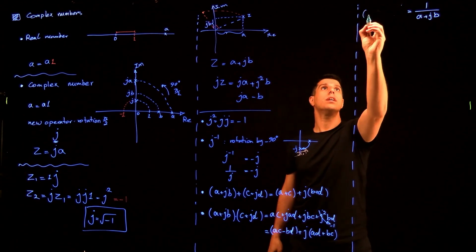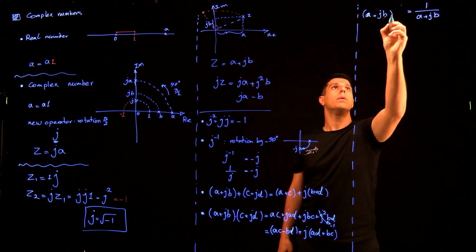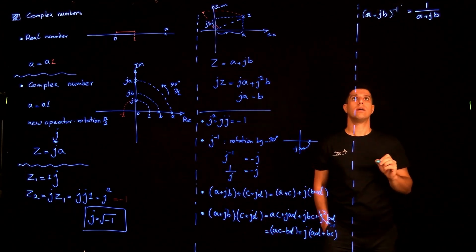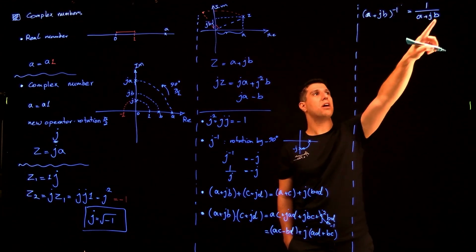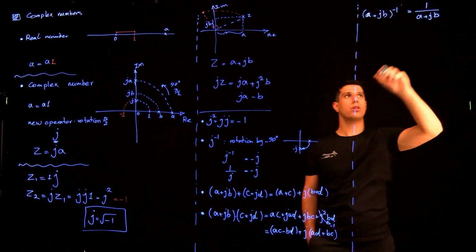I had written here A plus JB inverse. That's better. We usually don't like to work with having J on the bottom. We want to make it look nicer.